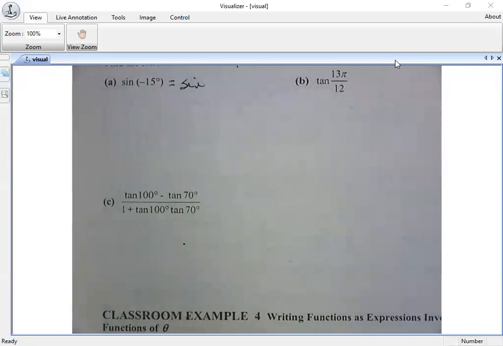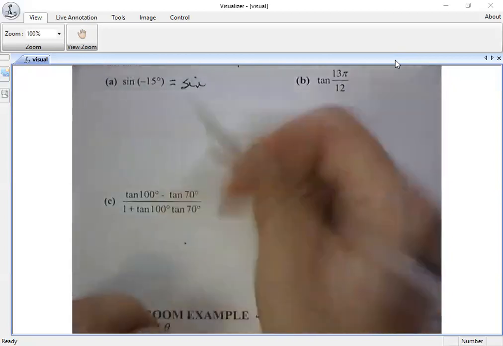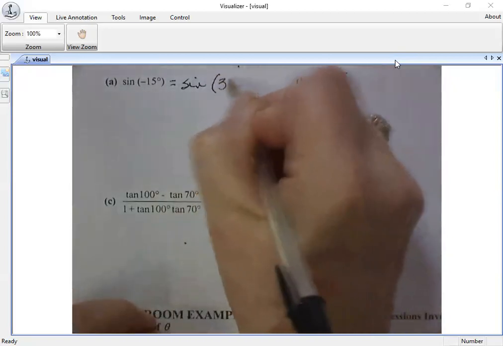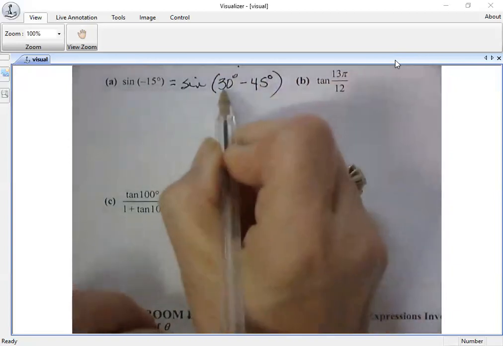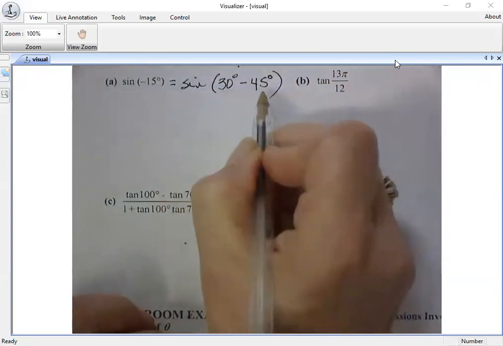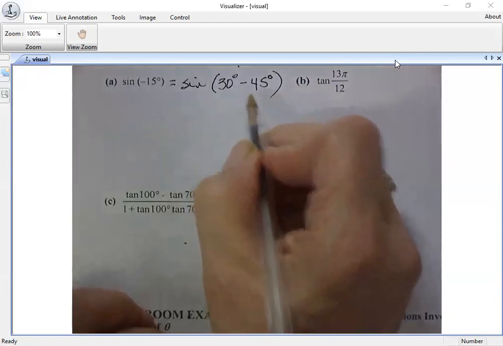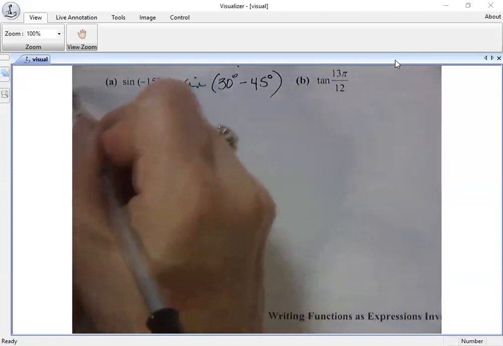Okay, I heard you say negative 45 plus 30. That would work. Could I also write it as 30 minus 45? That would be negative 15. So I'm going to write it as 30 degrees minus 45 degrees. By doing it that way, all I need is a 30 degree and a 45 in the first quadrant, right?